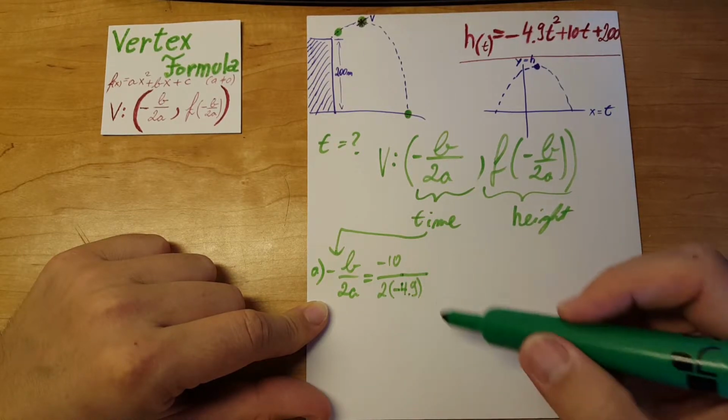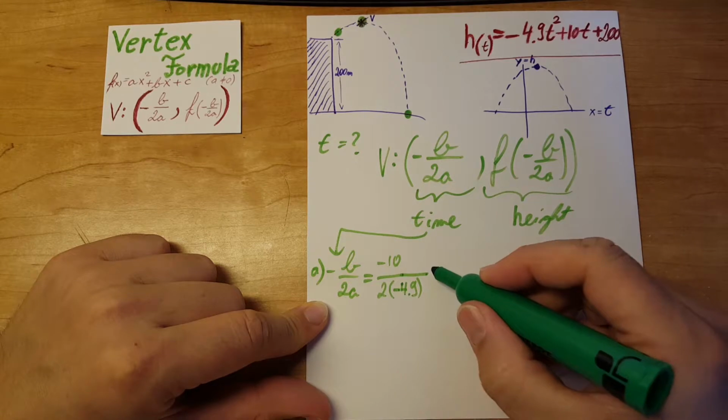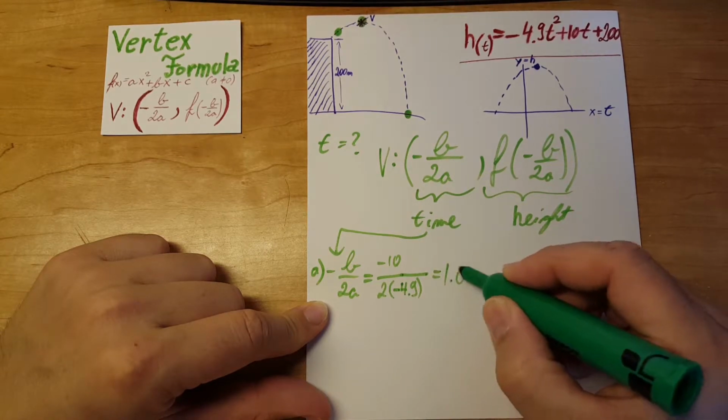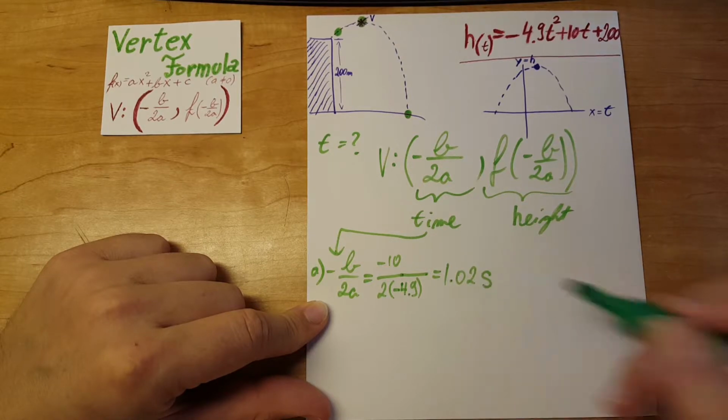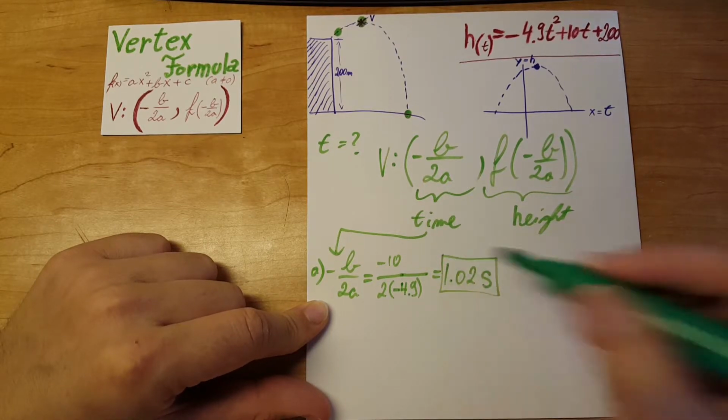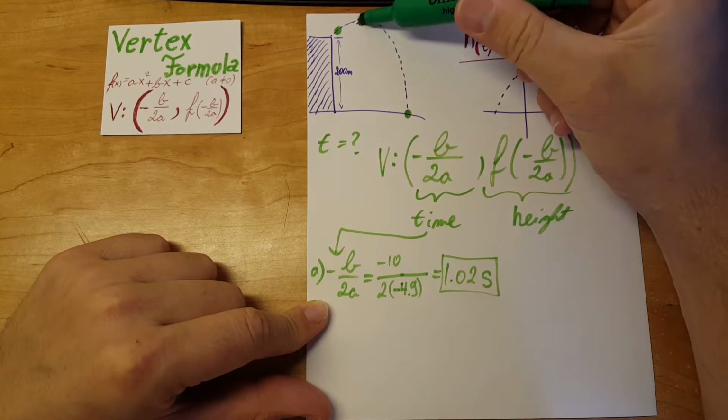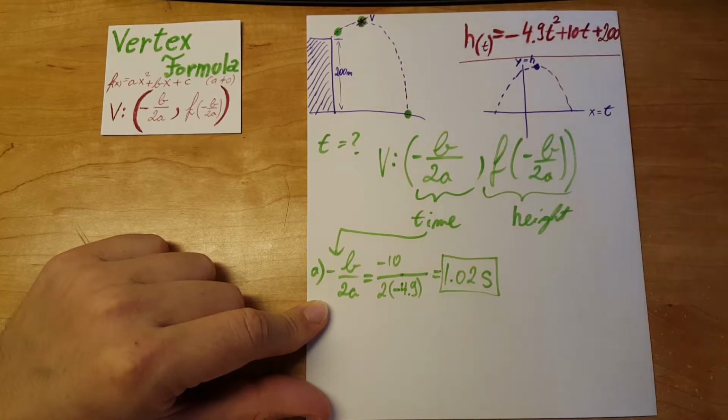The two negatives cancel each other out, and let's calculate it to 3 sig figs: 1.02 seconds. This is the time where the projectile will reach its maximum height.